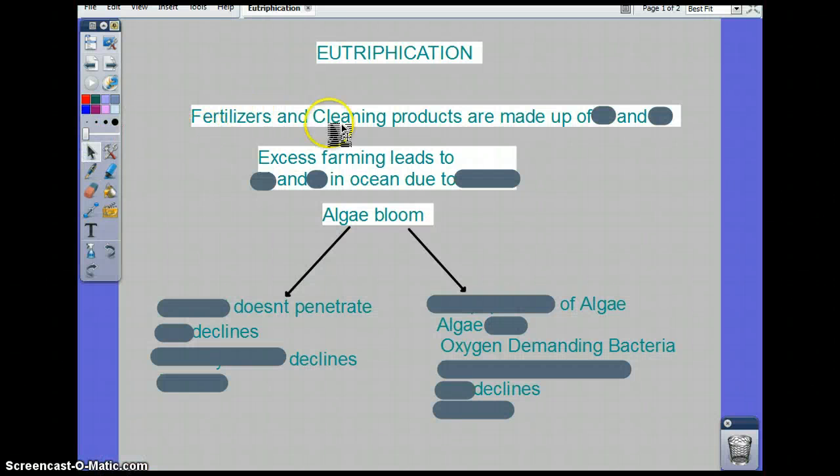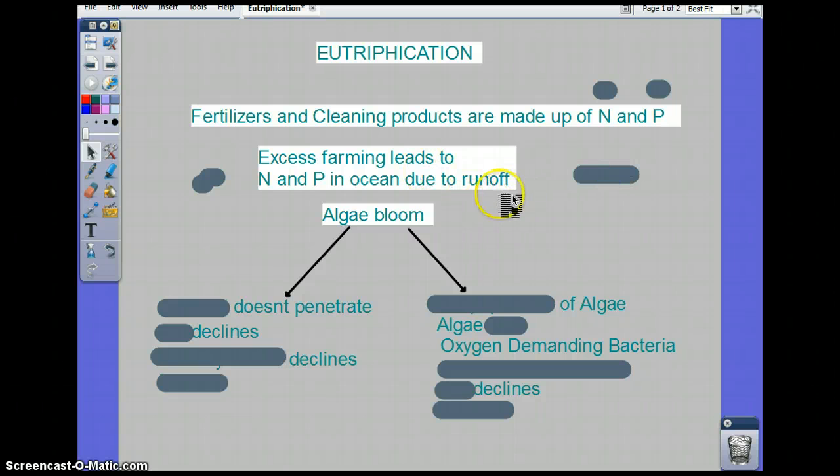So as I mentioned earlier, fertilizers or cleaning products are made up of excessive amounts of nitrogen and phosphorus. Due to the need to feed our overpopulated Earth, excessive farming leads to excessive runoff of nitrogen and phosphorus, and we know runoff always leads to the ocean.